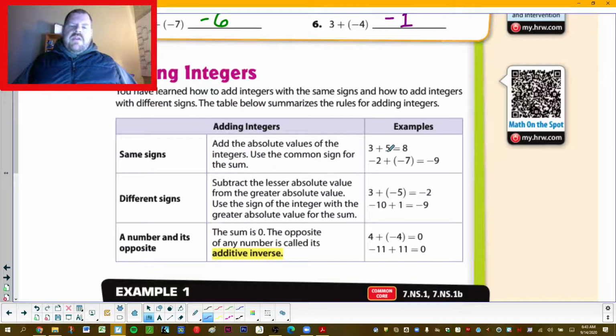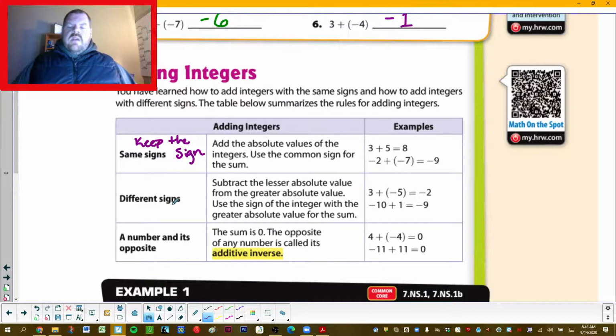So 3 and 5 are both positive, so my answer is positive. 2 and 7 are both negative, so my answer is negative. For same signs, we noted that we want to keep the sign. And I said that last time in class. Same sign, keep the sign.